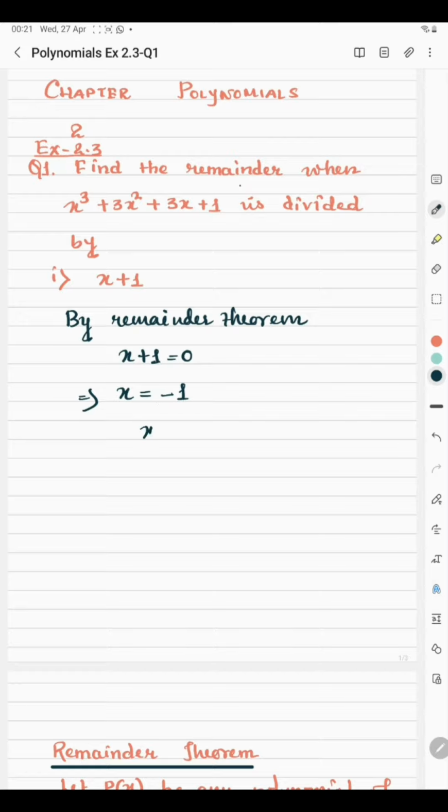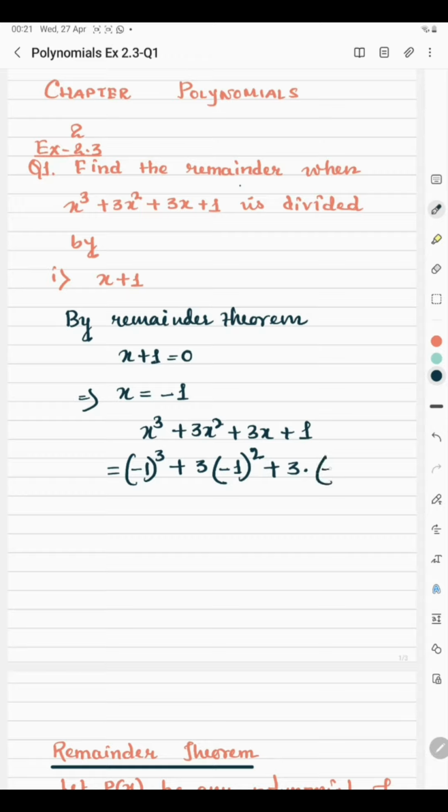Okay, so here we have x cube plus 3x square plus 3x plus 1. Now the value of x is minus 1, so (minus 1) whole to the power 3 plus 3 multiplied by x square. x square means (minus 1) whole square, plus 3 multiplied by (minus 1) plus 1.